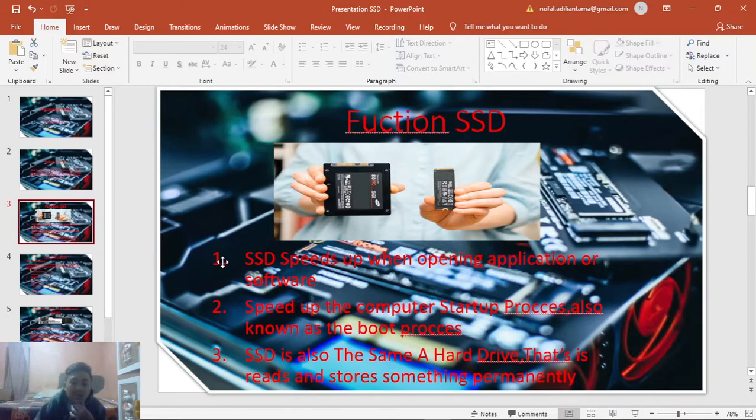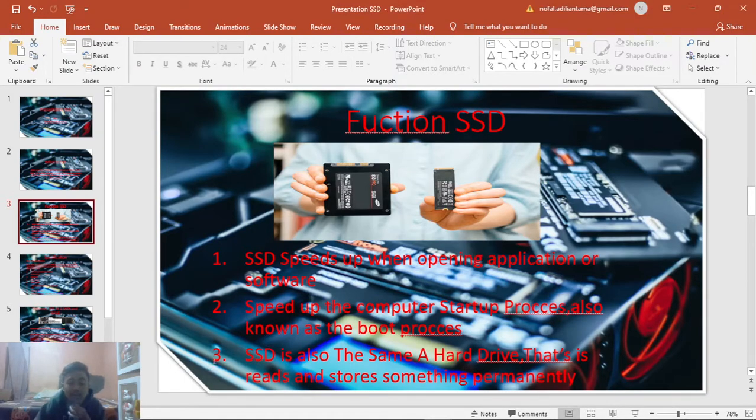So SSD is fast when we want to open an application or something. Function number 2, speed up the computer startup process, also known as the boot process. So when we turn on the computer, the SSD writes quickly at boot. The process doesn't take a long time.